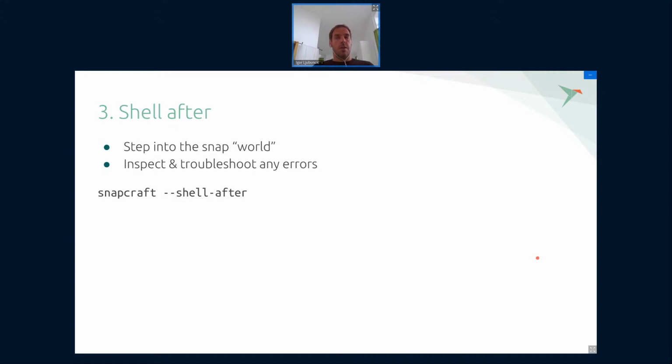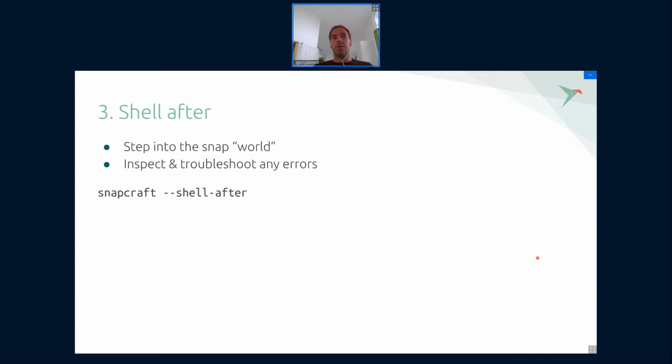Okay, shell after. If you're developing a snap and you want to see how it behaves after it's been built, you can use shell after to step into the snap build environment world and see what happens there. This way, you will have access to snap environment variables. You will have access to the build structure and be able to inspect different bits and pieces.